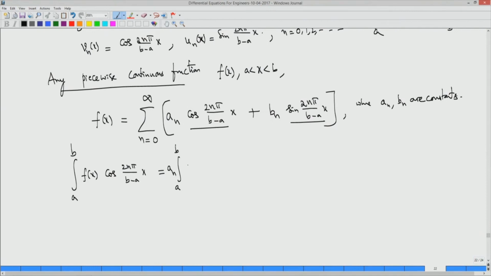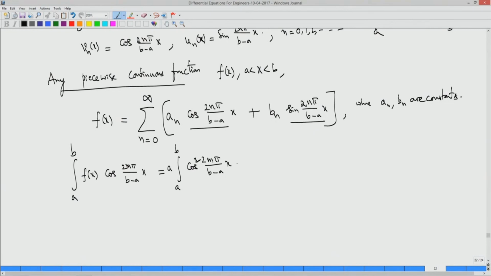an, cos square 2n pi by b minus a into x, if you actually multiply with 2m, so let us use 2m. Okay, so what you have is you multiply cos 2m pi by b minus a into x.